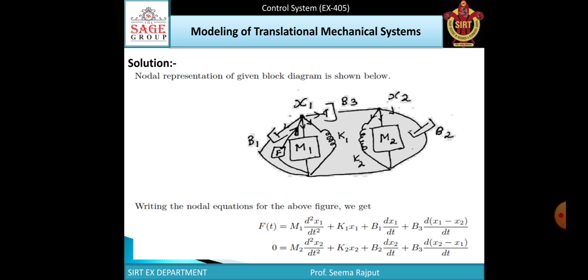Another equation is for the x2 displacement. Here there is no force, so the force is 0: 0 equals M2 d²x2/dt² plus K2 x2 plus B2 dx2/dt plus B3 d(x2 minus x1)/dt. That is the equation of the displacements x1 and x2.